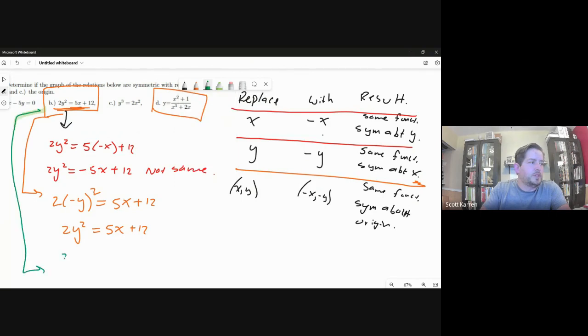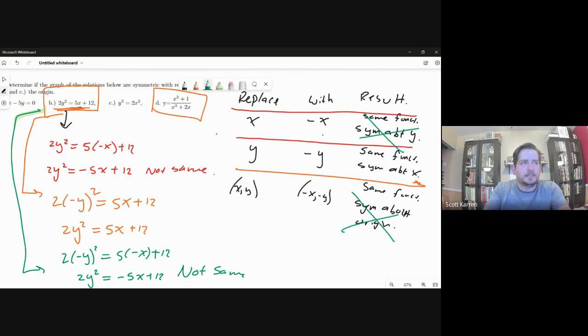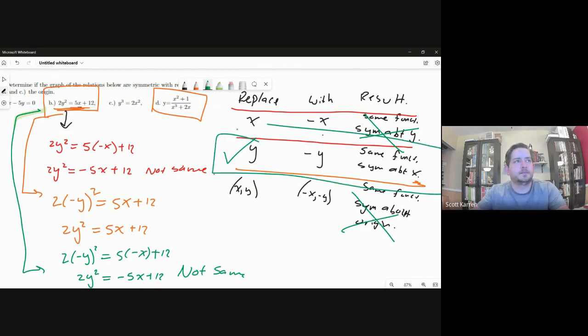That becomes 2 times negative y squared equals 5 times negative x plus 12. This negative y squared just becomes 2y squared, so that's the same. But 5 times negative x becomes negative 5x plus 12, and this is not the same. So it is not symmetric about the origin. It's not symmetric about the y-axis, but it is symmetric about the x-axis.